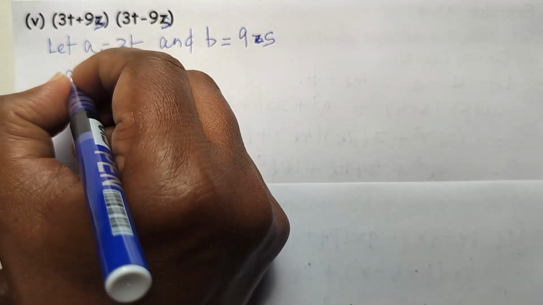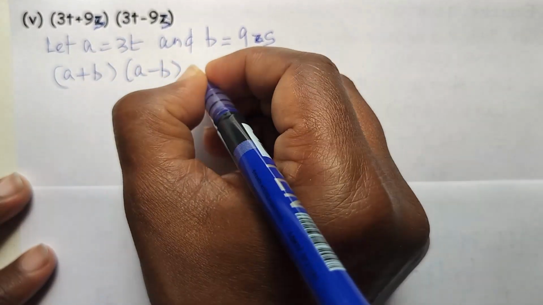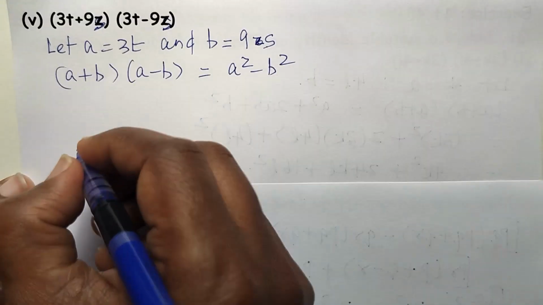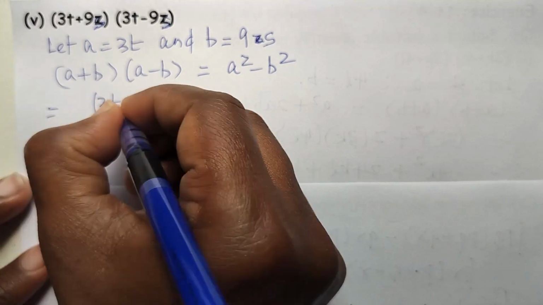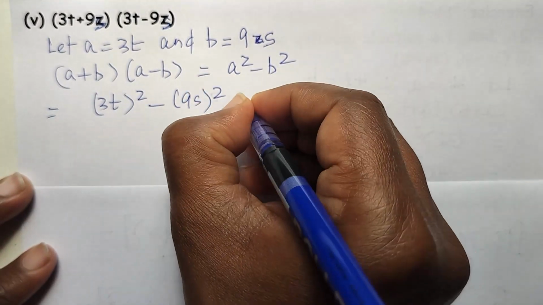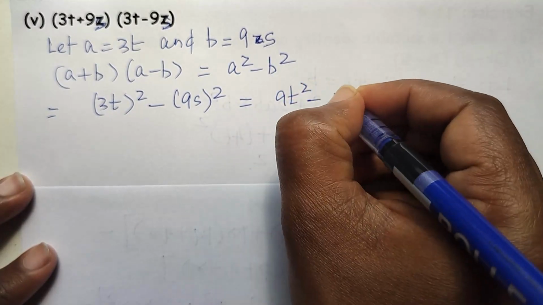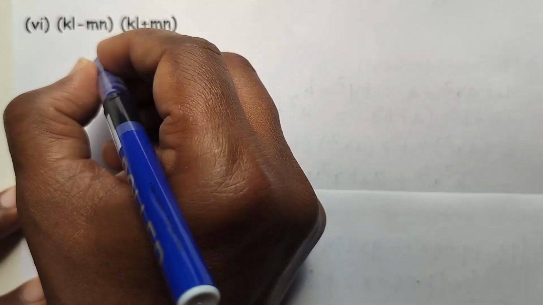So now it will be (a plus b) into (a minus b) here. So that is equal to a square minus b square here. So input the values: (3t) whole square minus (9s) whole square. So (3t) whole square will be 9t square minus 81s square here.